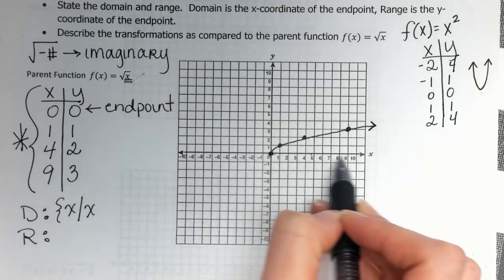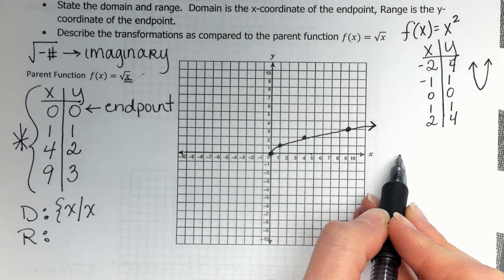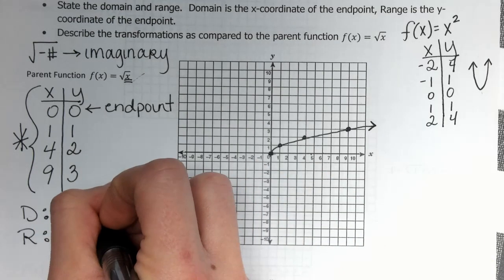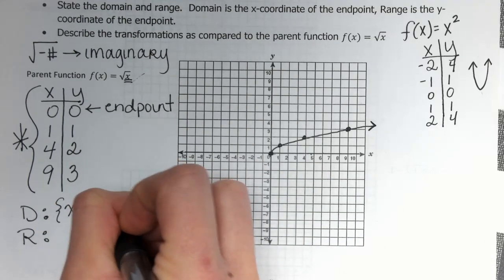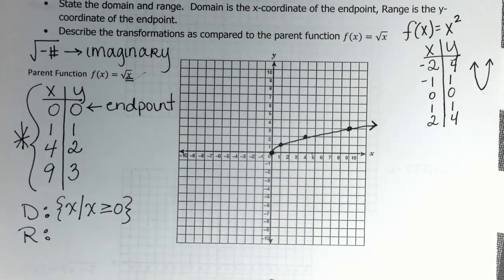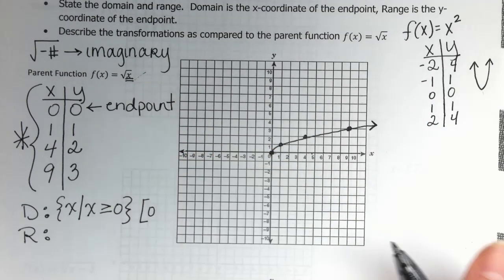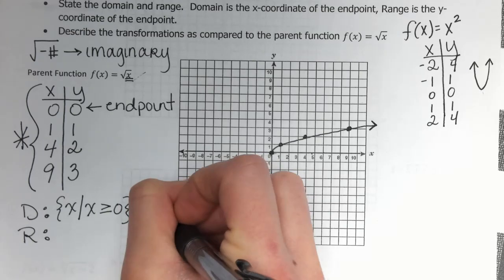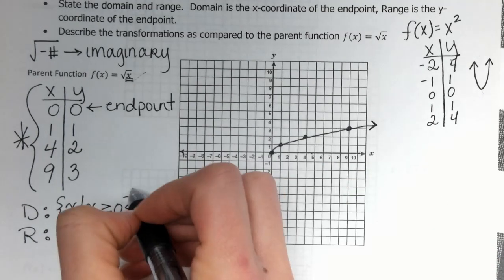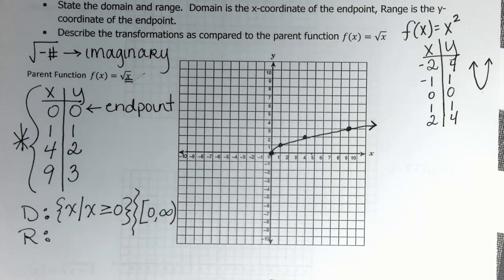If I'm looking at my x values, I'm starting at my endpoint, which is 0, and I'm going forever to the right. So that would be x is greater than or equal to 0 if I did set builder. Now, if I did interval notation, it would be a bracket at 0, because that's my starting point, going to positive infinity. Whichever one you want to do, I'm good with, as long as you have it there, okay?